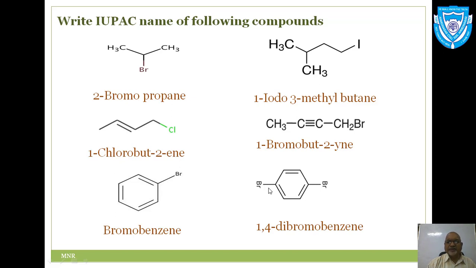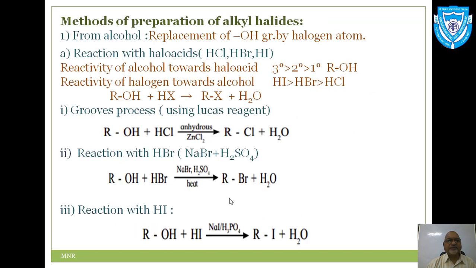But since this is IUPAC nomenclature, we use the numbers. So you say 1, 2, 3, 4, 5, 6. So it is 1,4-dibromobenzene. These are the few examples which we studied with regard to IUPAC nomenclature of halogen derivatives of alkanes, that is with regard to haloalkanes and haloarenes.